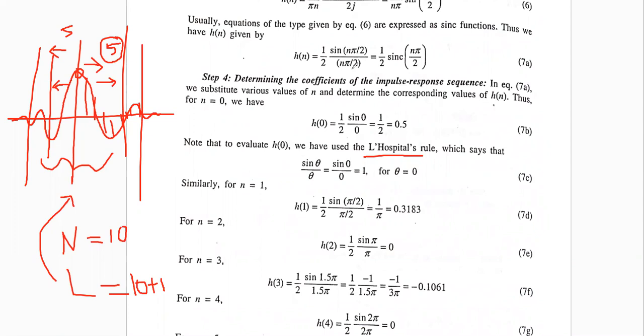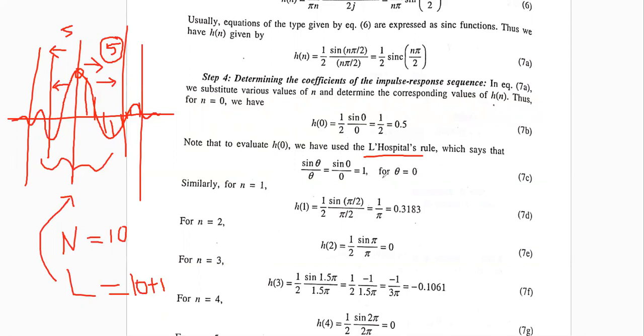What is the value of n? n equals 0. So theta is very close to 0, and sine theta is equal to theta.